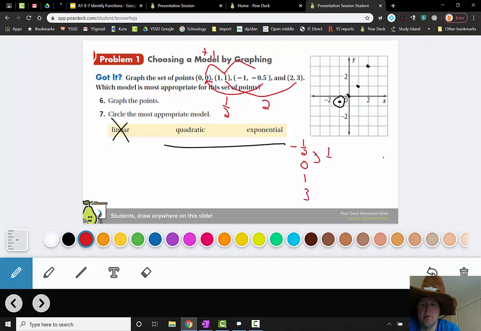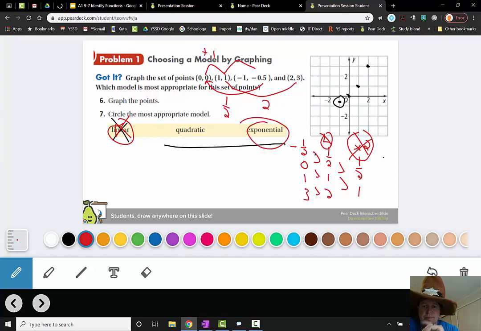So I had 1/2, 1, 2. So this is linear. We crossed that one out. Next thing we'll check is 1/2 and then 1. So this was quadratic, or x squared. It's no good. So it must be exponential. Those are only three choices, so it has to be exponential.